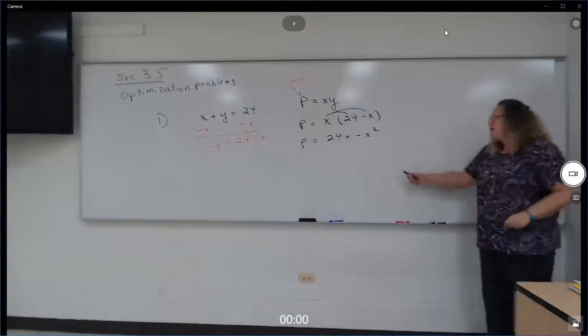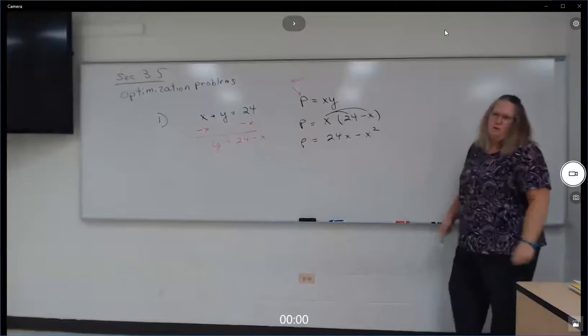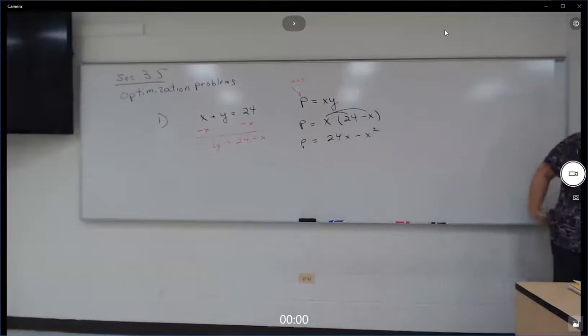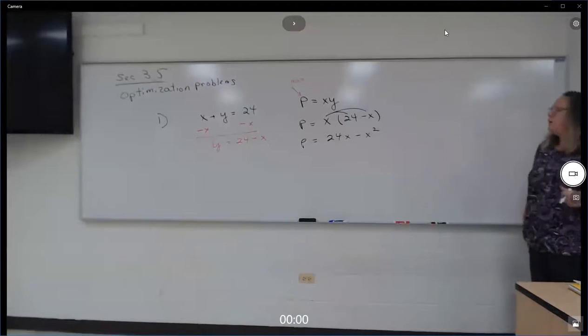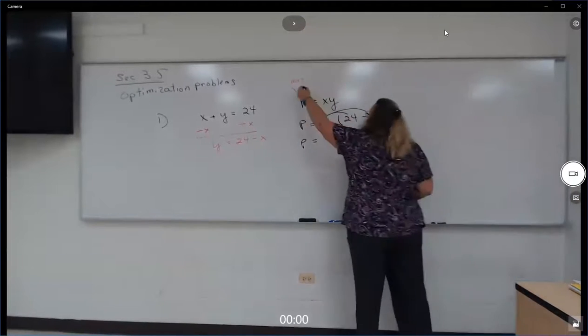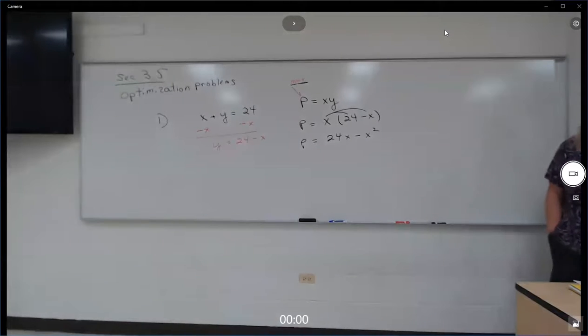So where is the maximum on this graph? Where the derivative is 0, right? Technically where the derivative is 0 it's only a critical number, and we'll talk about that in a minute, but if we're looking for a max, it has to be at one of those critical numbers, a high point or a low point.